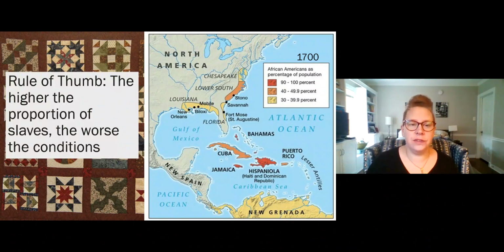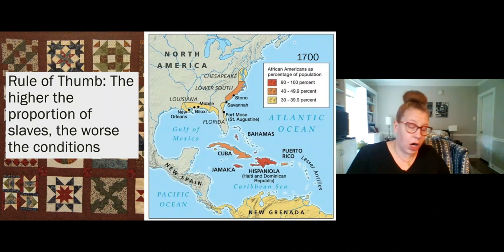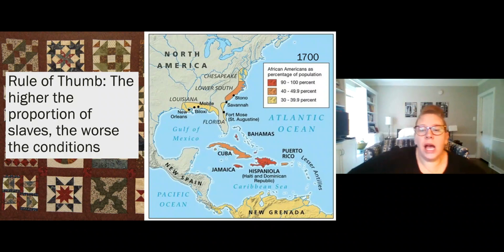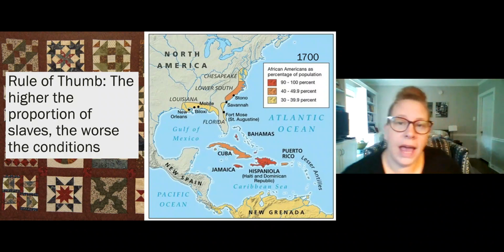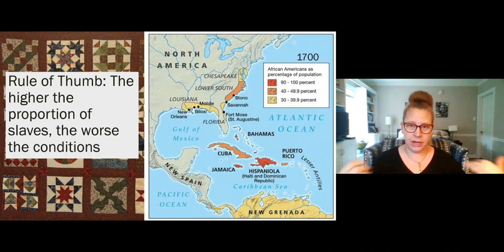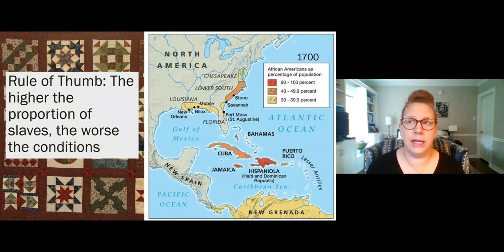The higher the proportion of slaves, the worse the conditions are for those slaves, because the more afraid the oppressors, okay, the owner class, the whites, are. And this is true not just of slavery, this is true of all economic systems. We talked about income inequality. Why does income inequality lead to authoritarianism, and more income equality leads more to democracy? It's because of that power imbalance.